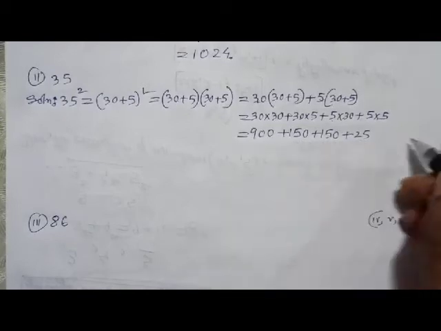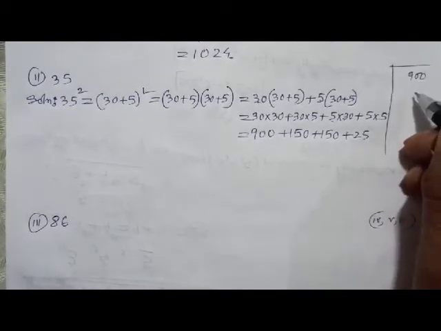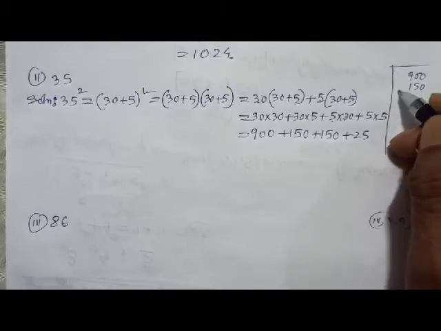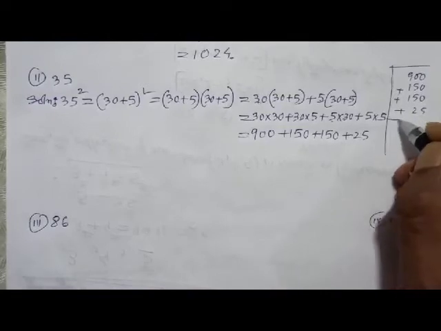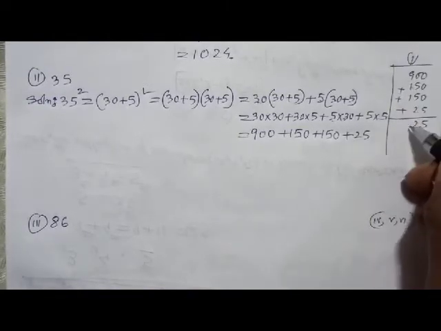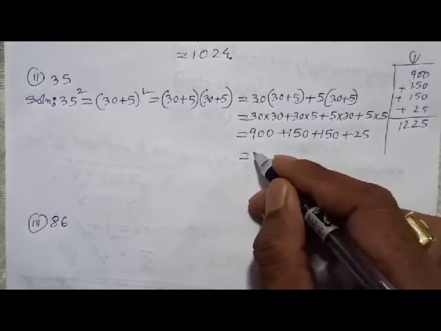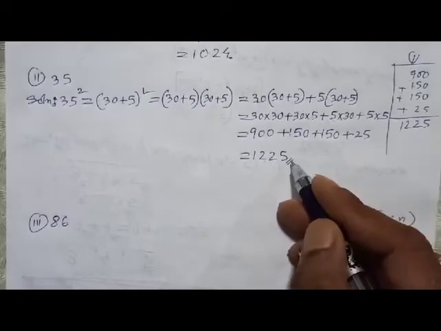Adding 900, 150, 150 and 25: 5 plus 5 is 10, then carrying, we get 1225. This is the answer.